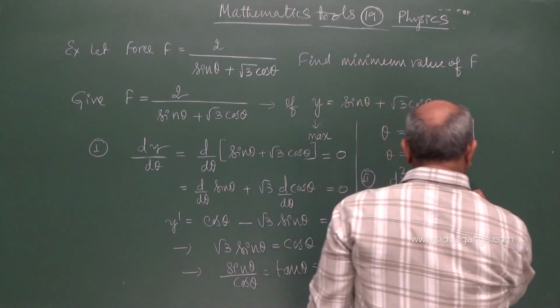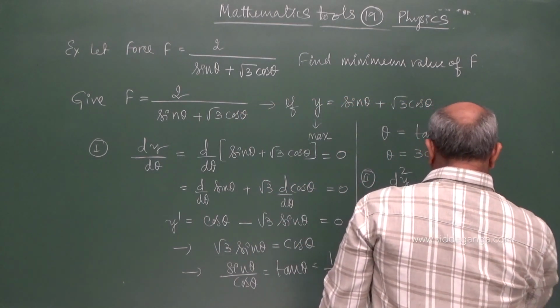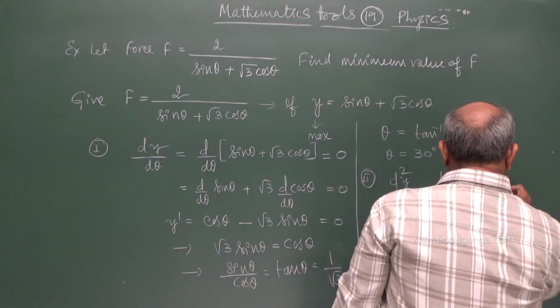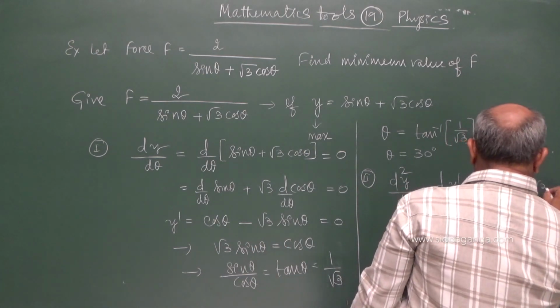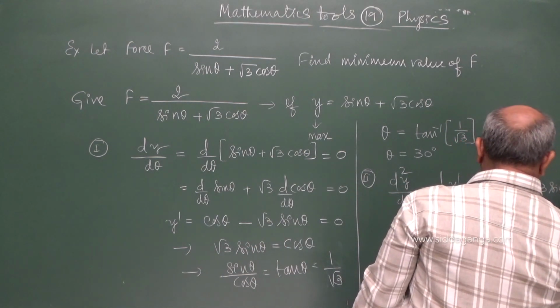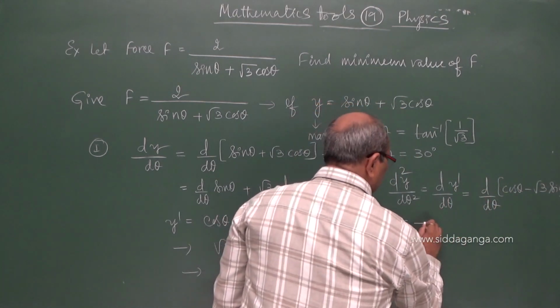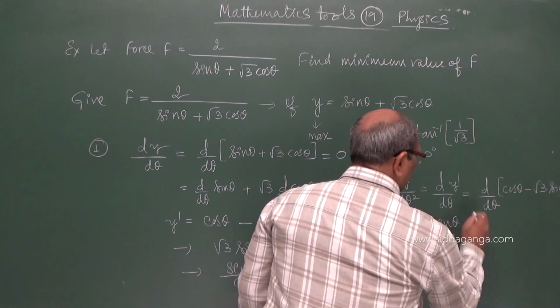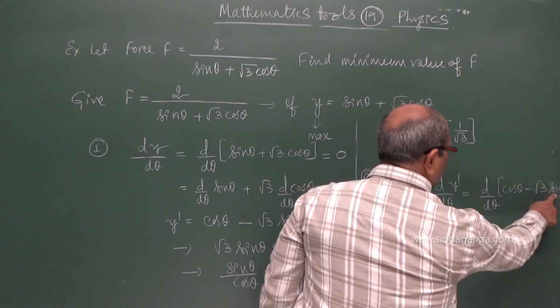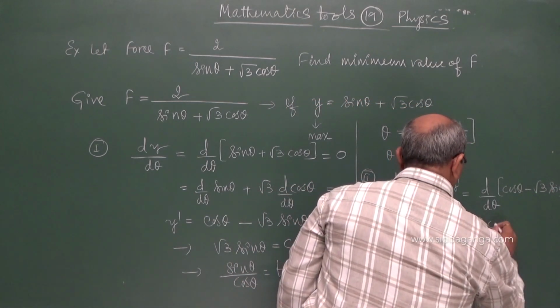So I can write it as d by d theta of cos theta minus root 3 sin theta. Differentiate this: cos theta becomes minus sin theta and sin theta becomes minus root 3 cos theta.